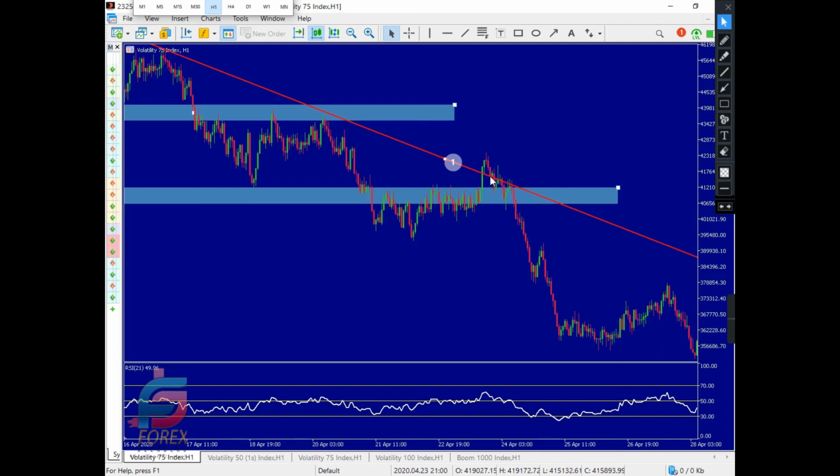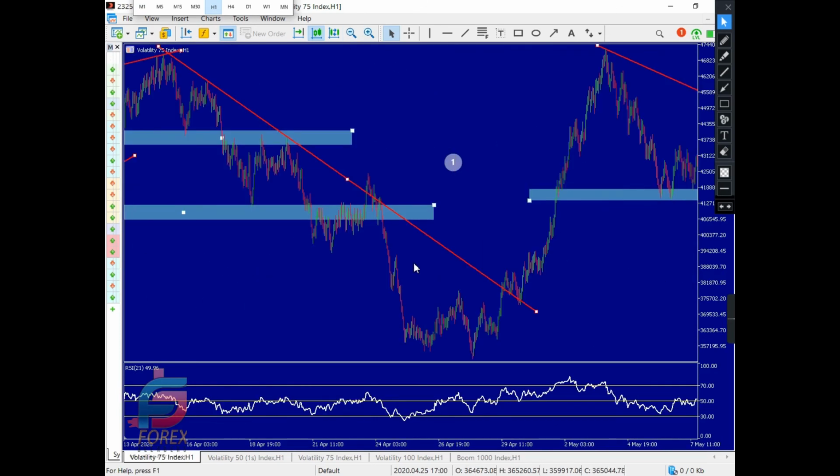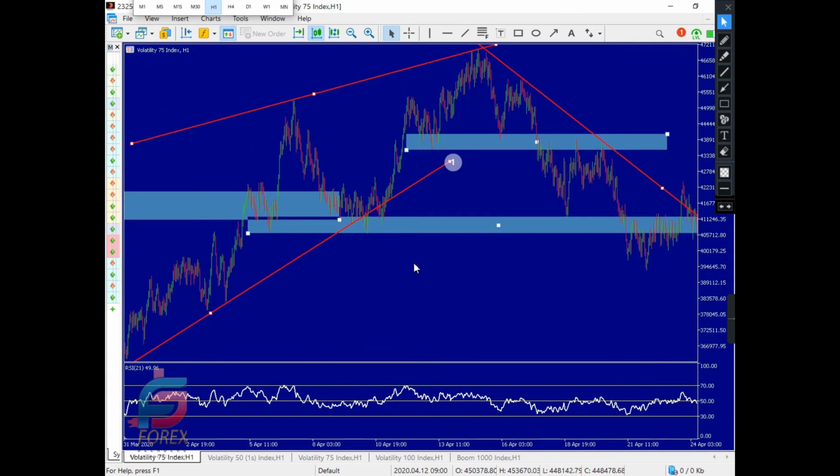So you put your stop loss there, and then you put your TP at the nearest level of support, or depending on your risk appetite. If you want to risk 1 to 2, 1 to 3, 1 to 4, it's up to you. Okay, so that was another nice setup.